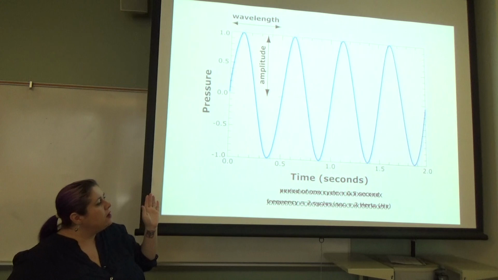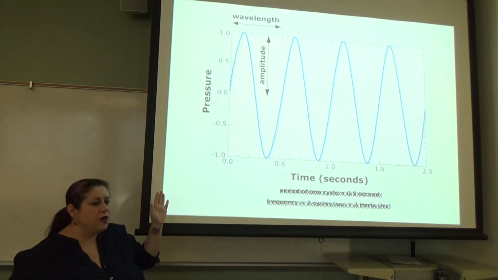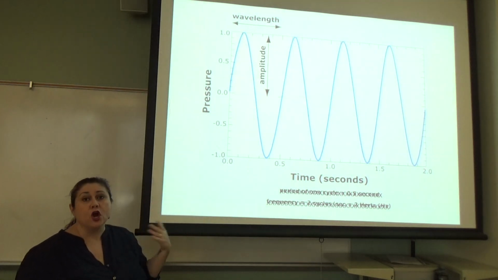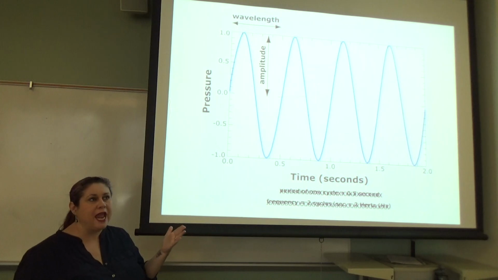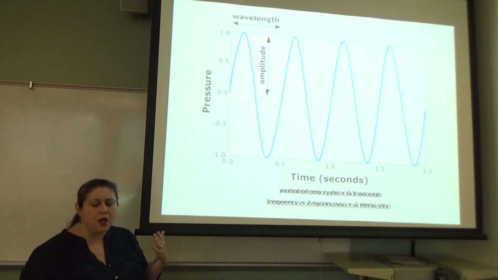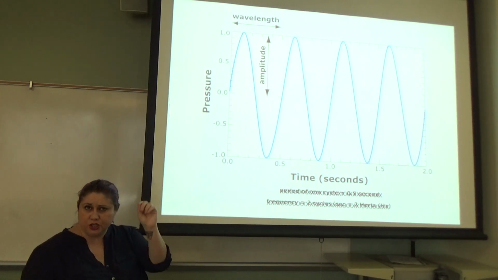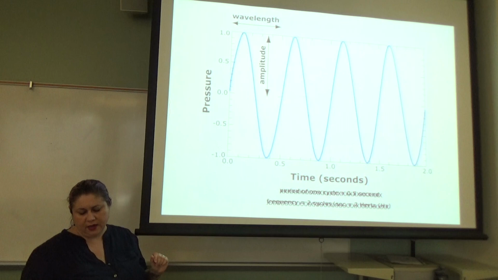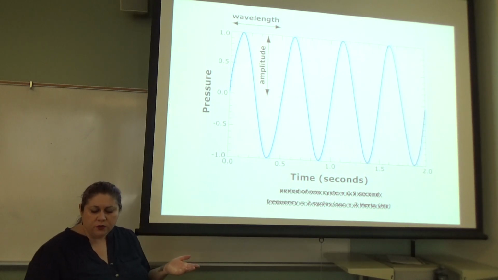So the way that we talk about frequencies is in hertz, H-E-R-T-Z. And hertz is also abbreviated HZ. You might see that when we're talking about different frequencies. Around 4,000 hertz is what we usually hear. What does that mean?